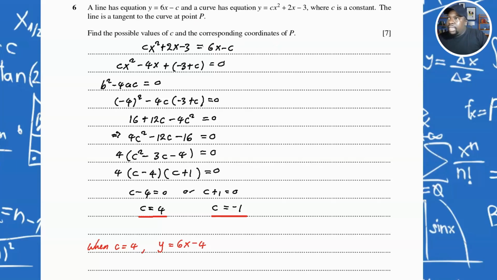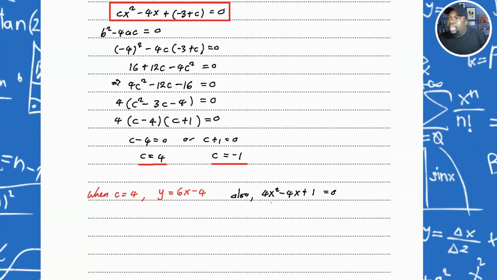Okay. So for the coordinates of P, that's where the curve and the line intersect. And when we combine them, we get the quadratic equation we got from there. So essentially, when c is 4, we'll be having 4x squared minus 4x plus minus 3 plus 4, which is plus 1, equal to 0.